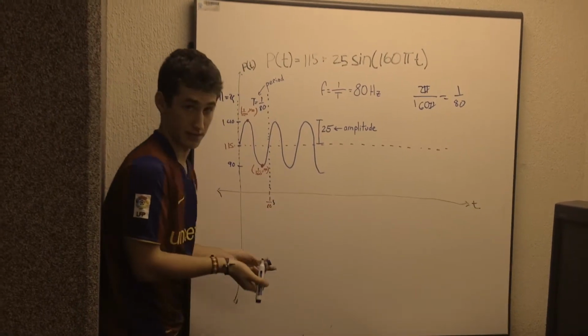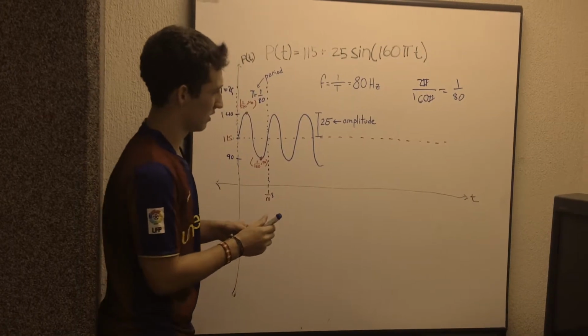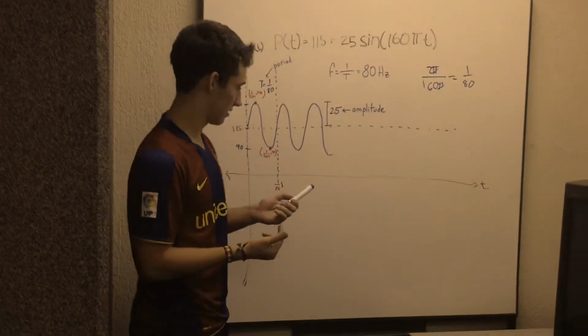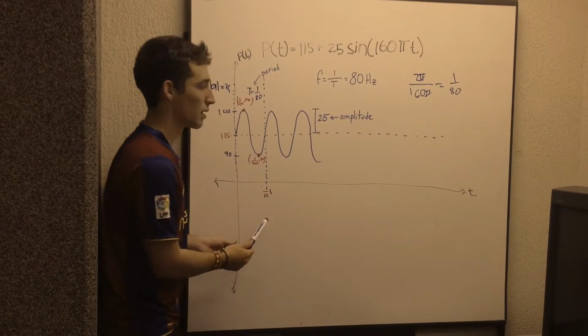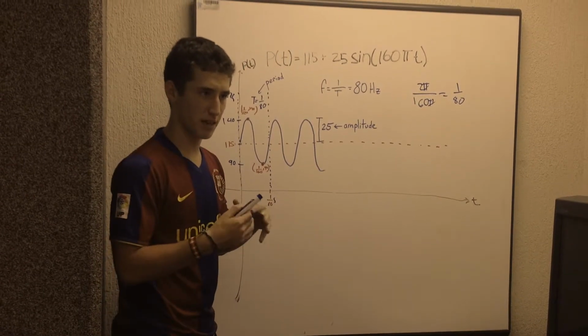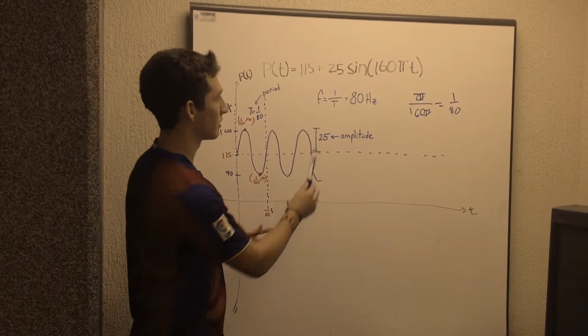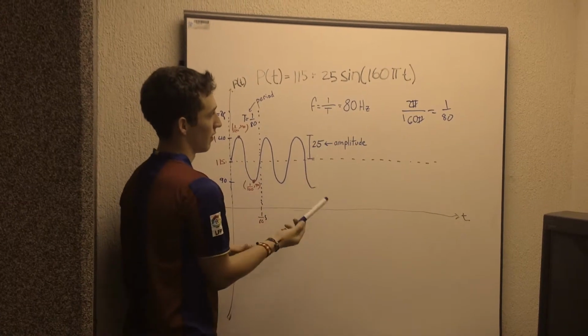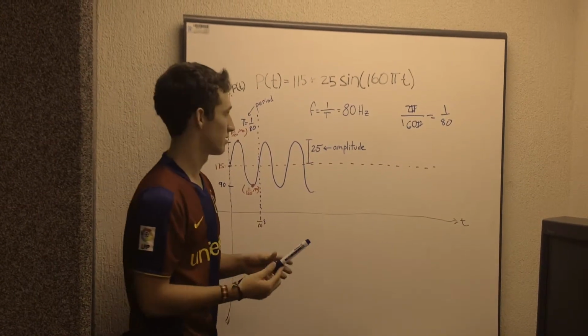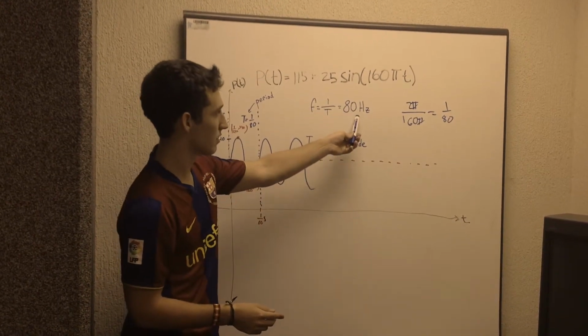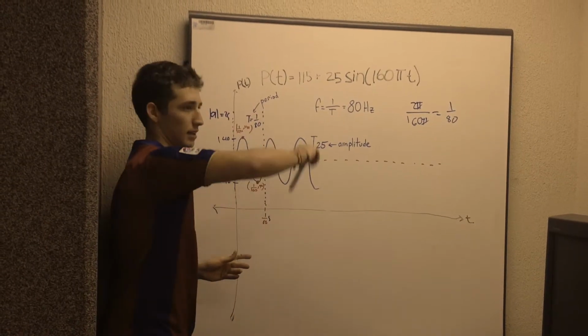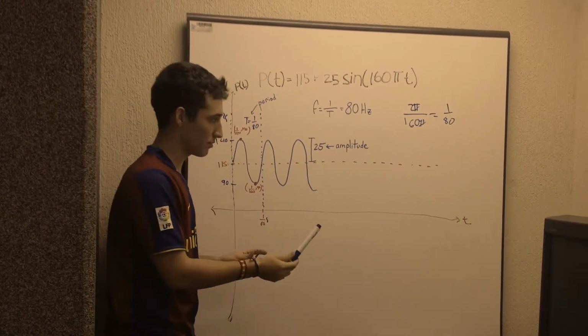That is in seconds. So logically, because it is a very short period, the frequency must be higher, and the frequency is 1 over T. So 80 hertz, because it does the same movement 80 times in just 1 second.